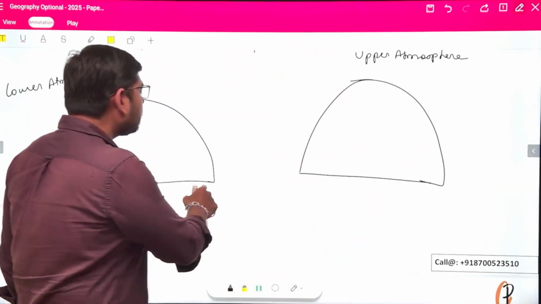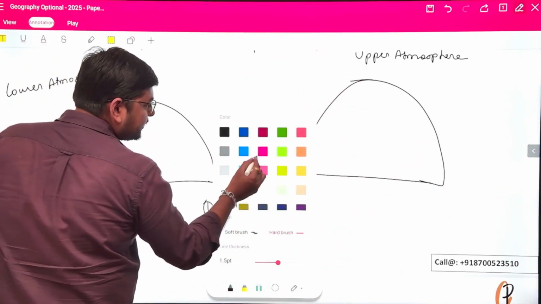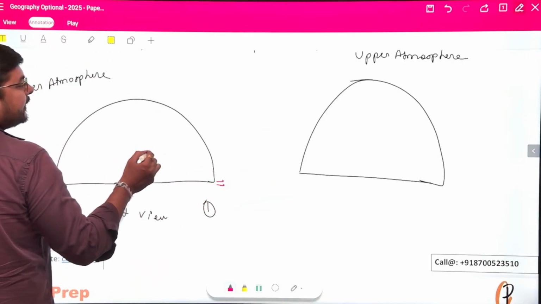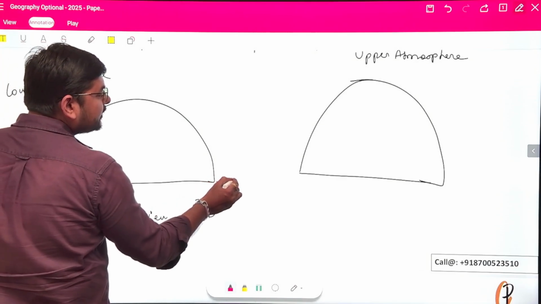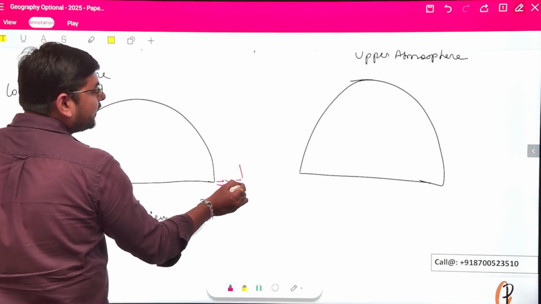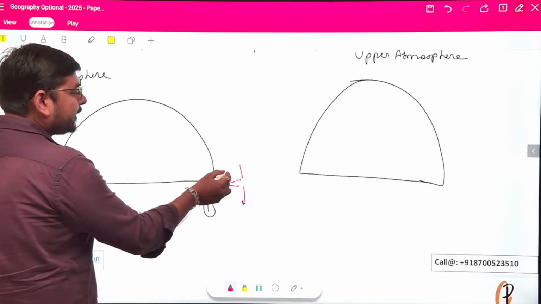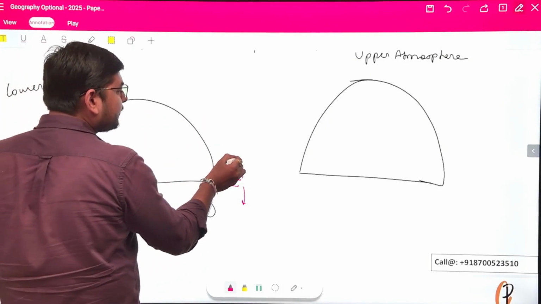Under the lower atmosphere, what we are seeing is that near the equatorial region the winds are rising. They reach the region of the tropopause, where they get deflected towards two different regions, that is poleward in the northern hemisphere and also in the southern hemisphere.